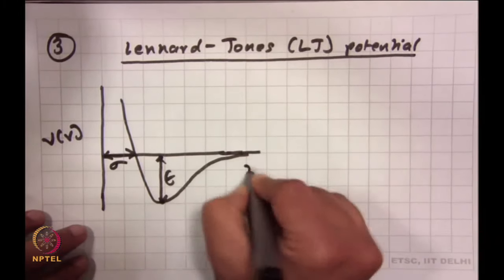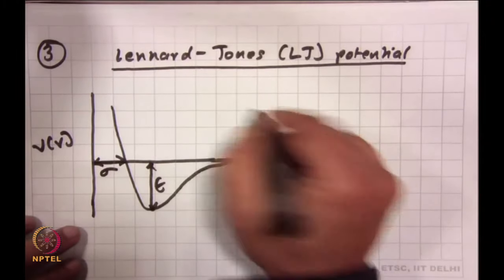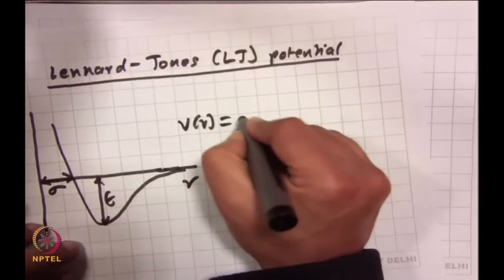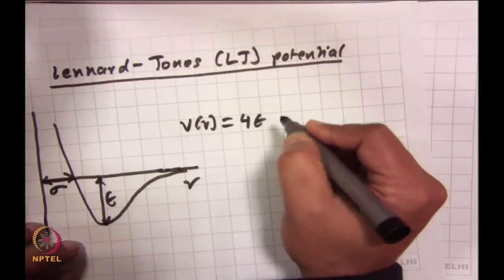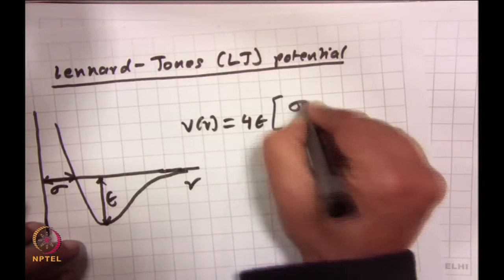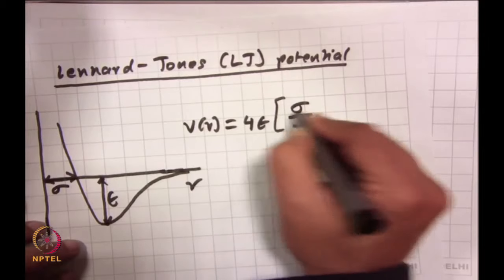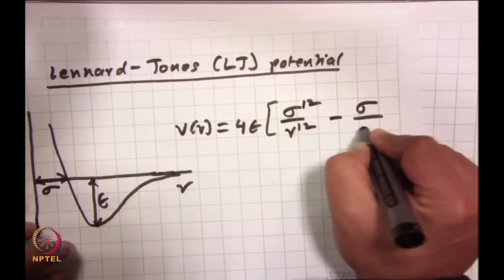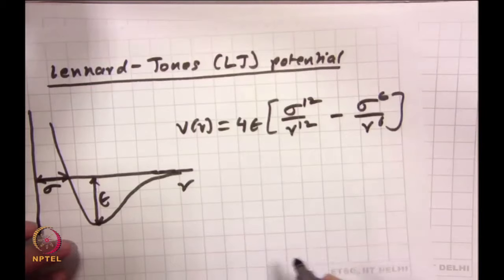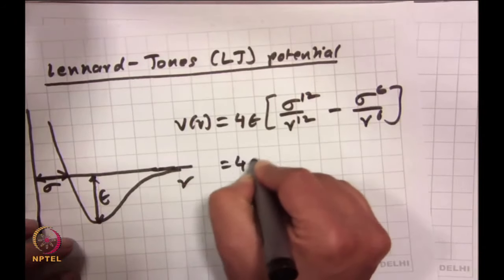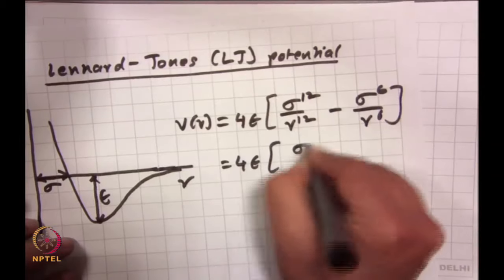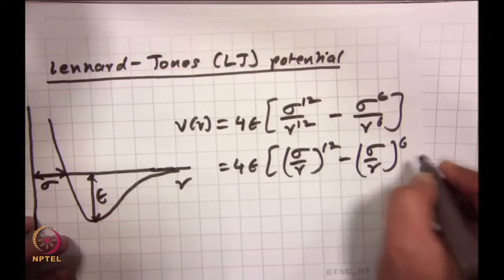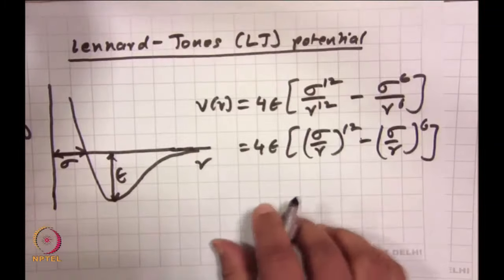And obviously, this is r, and this Lennard-Jones potential V of r is equal to 4 epsilon, then sigma by r to the power 12 minus sigma by r to the power 6. So, this is a Lennard-Jones potential.